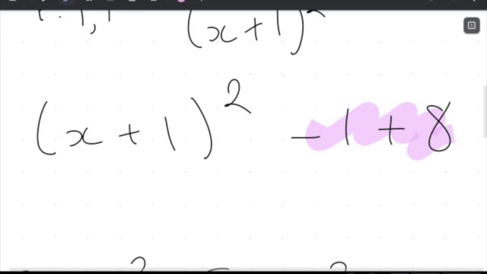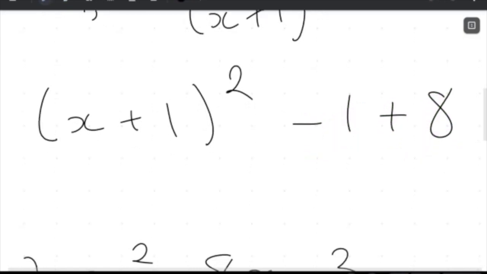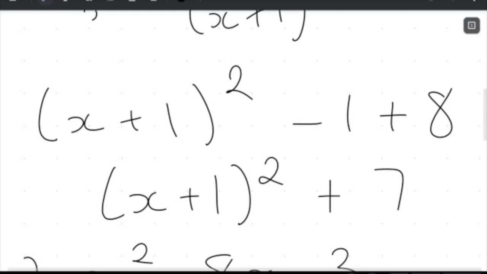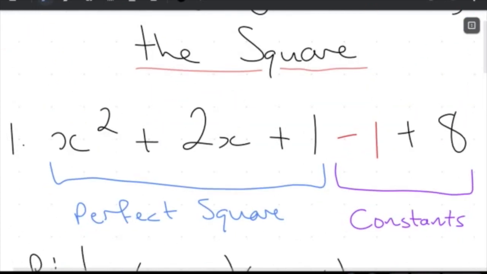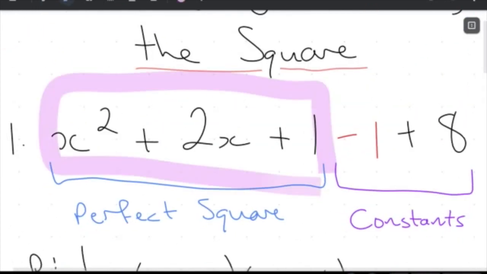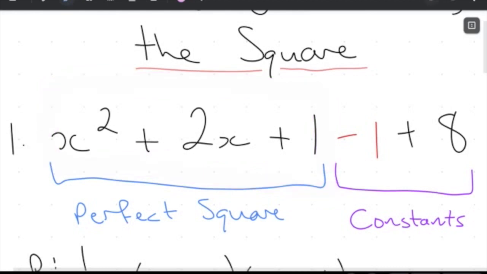I can just add these. Negative 1 plus 8 gives me 7. So I'm going to get, in my final factorized form, x plus 1 squared plus 7. So now this is it factorized, but without violating anything mathematically. Because when we looked at just the section of completing the square in the last video, we were just adding these numbers out of nowhere.